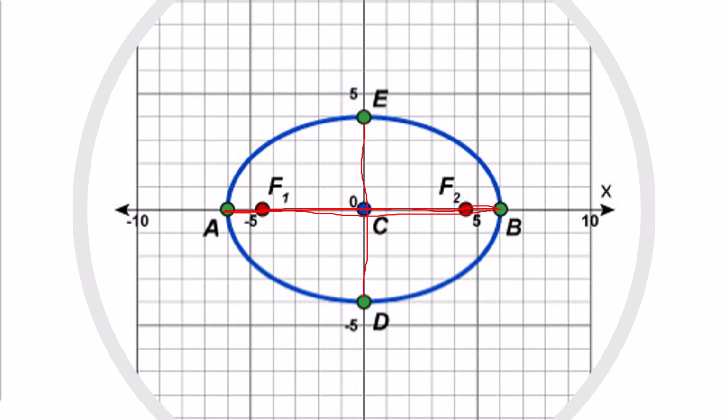And when we talk about this semi-major, it's going to be half of the major. This is going to be the distance that we refer to as A. And the semi-minor axis is going to be half of the shorter axis. We also refer to that as B.